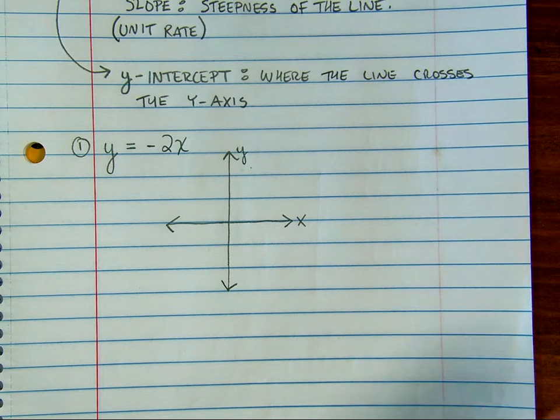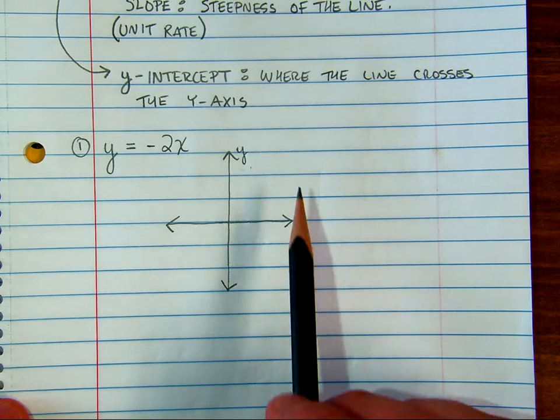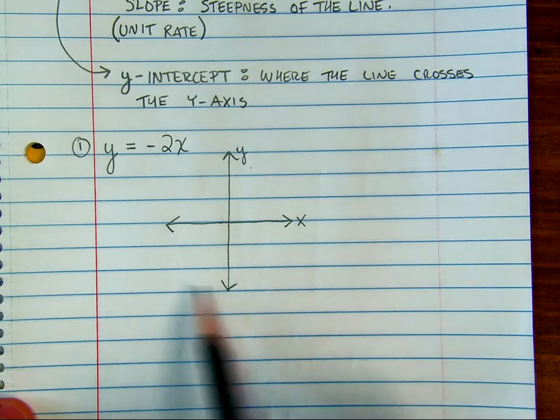Now this is called a coordinate plane. Both axes have arrows. Both axes are labeled either X or Y. The horizontal axis is X. The vertical axis is Y. Notice there are 4 sections.